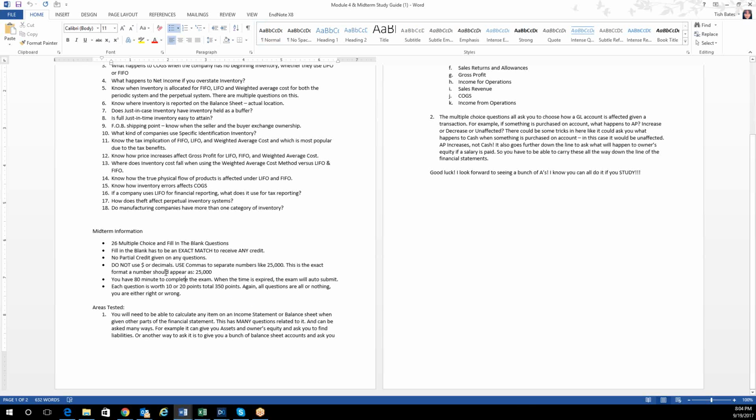In those, you're being asked to calculate a problem. For instance, you might be asked to calculate what is owner's equity, and you have to put a number in there. You are not going to use decimals, and you're not going to use the dollar sign.